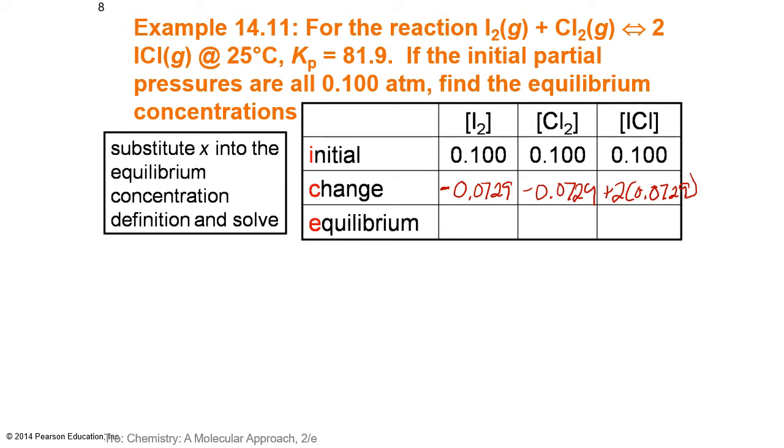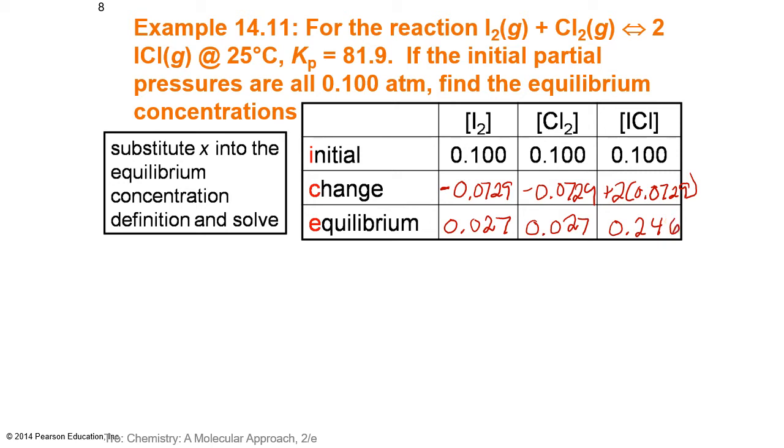And so now we can add our initial concentrations to find out our equilibrium concentration. Oops, 4.6.